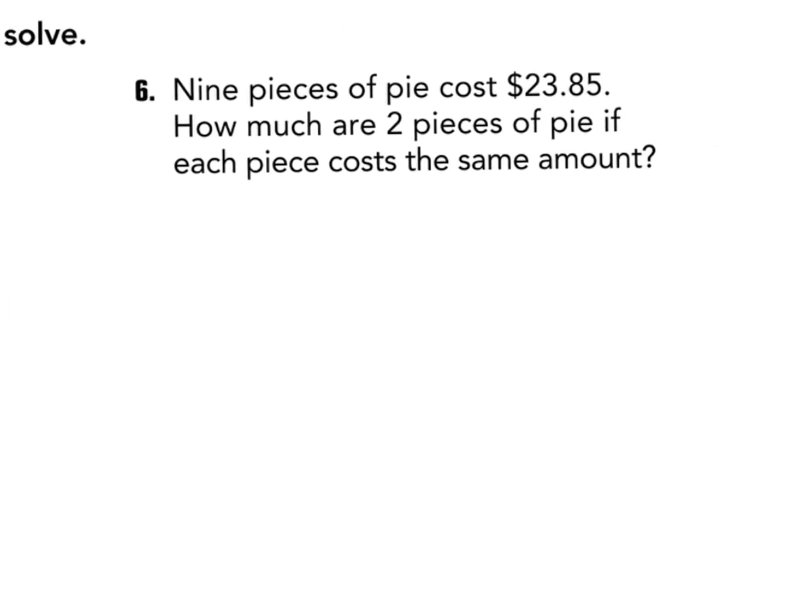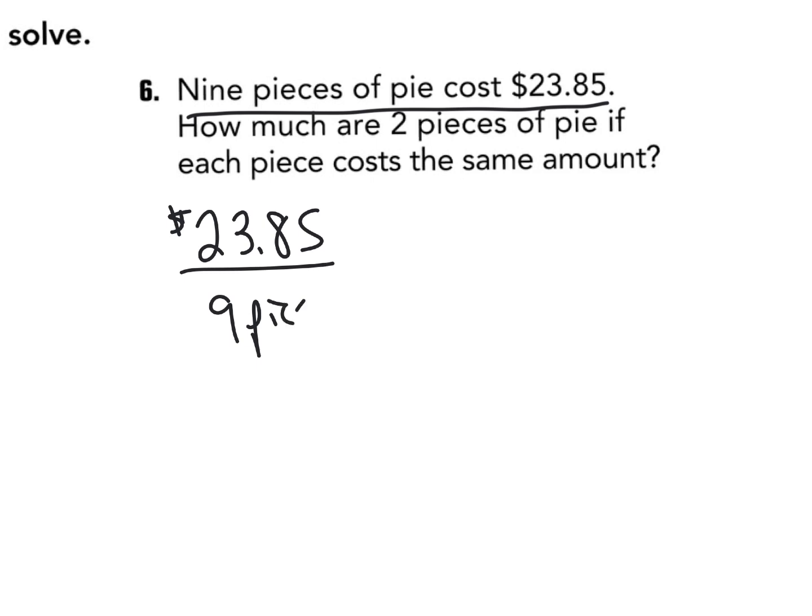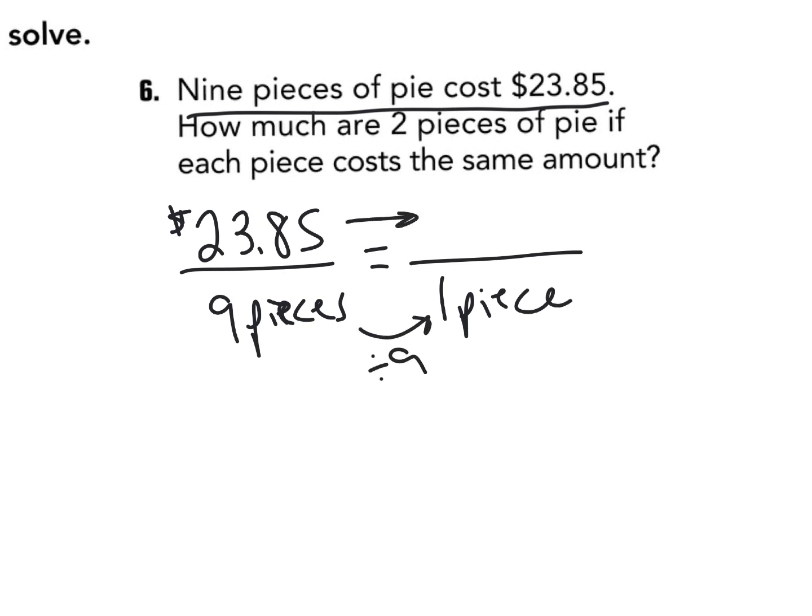So similarly, if we look at number 6, it's $23.85 for 9 pieces of pie. So we can find the unit rate for one piece. That would be dividing by 9, or you just divide your two numbers.